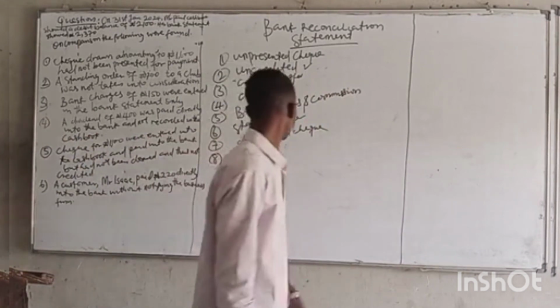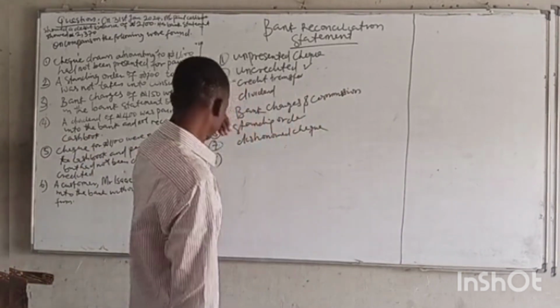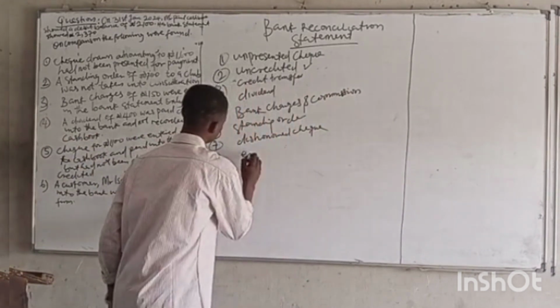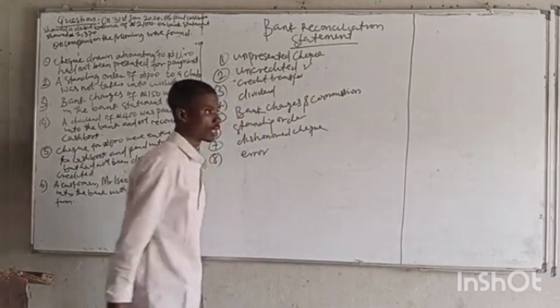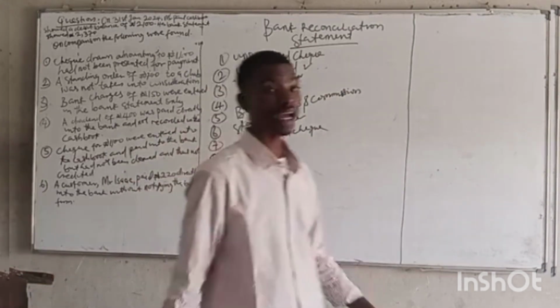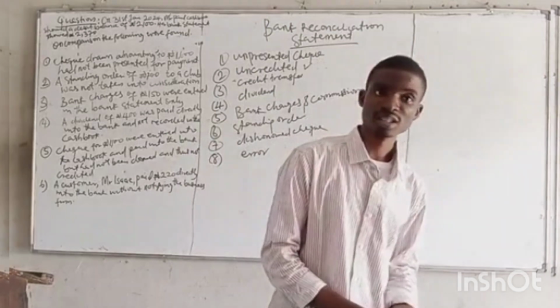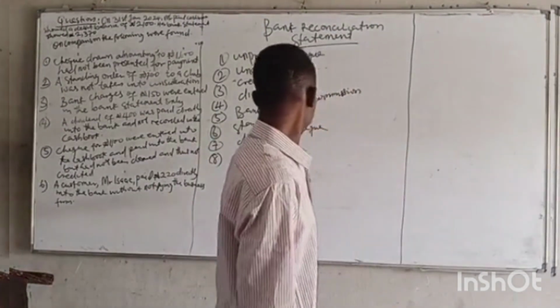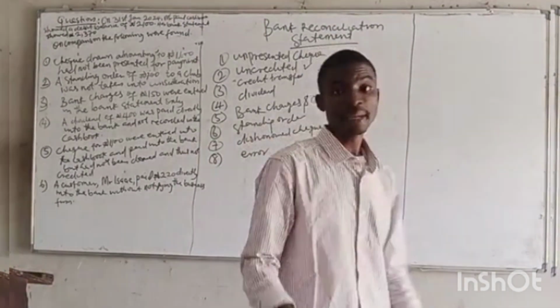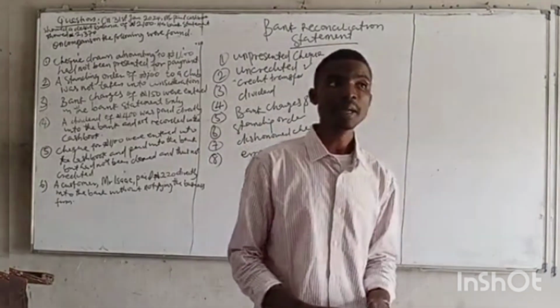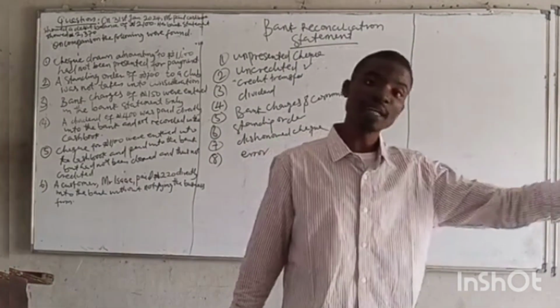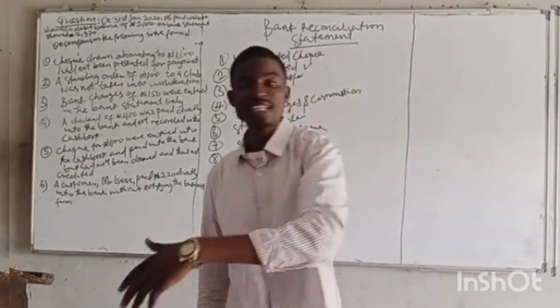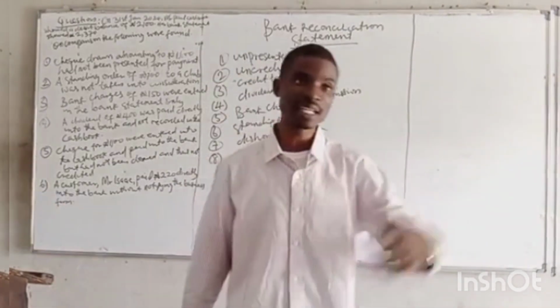Another factor is error. Error by the bank or error by the cash book. A bank can make a mistake. Maybe somebody who is supposed to be credited will be debited, and somebody who is supposed to be debited will be credited.